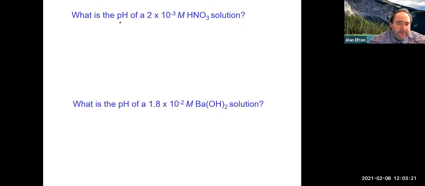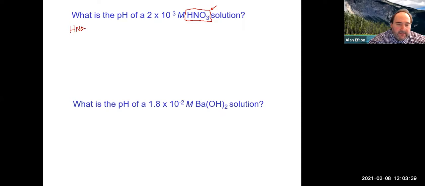We're given: what is the pH of 2 times 10 to the minus 3 molar HNO3, nitric acid? In this case, we aren't given a generic H plus, H3O plus, or OH minus, but a formula, and we should recognize that as a strong acid.